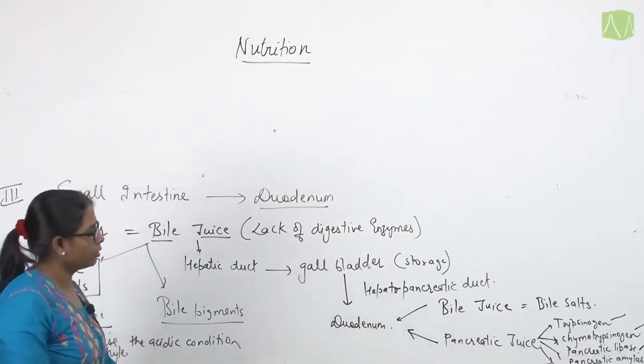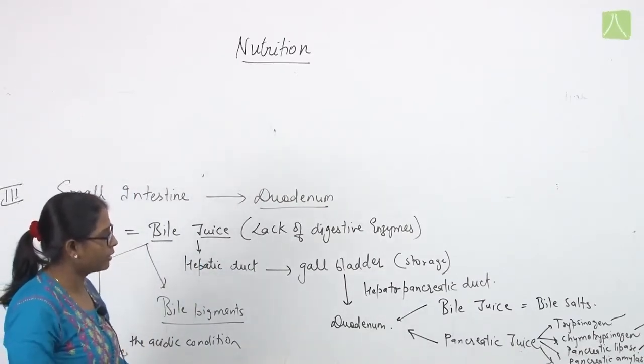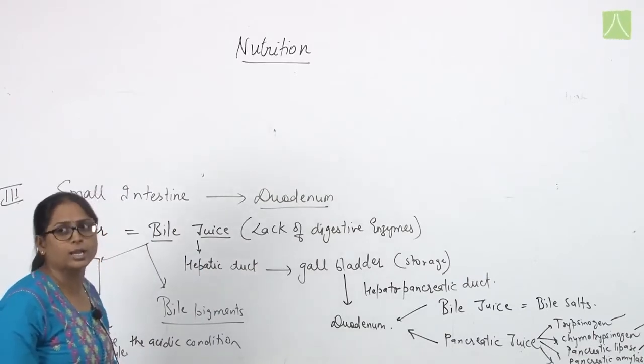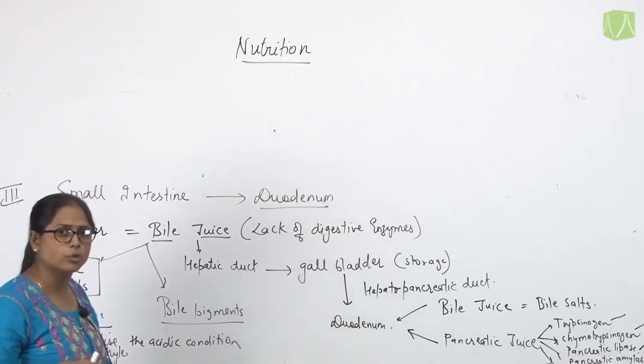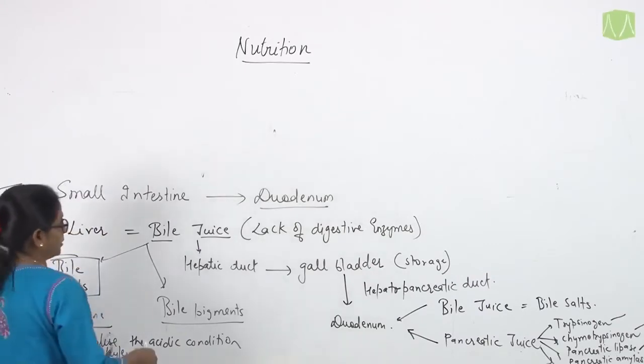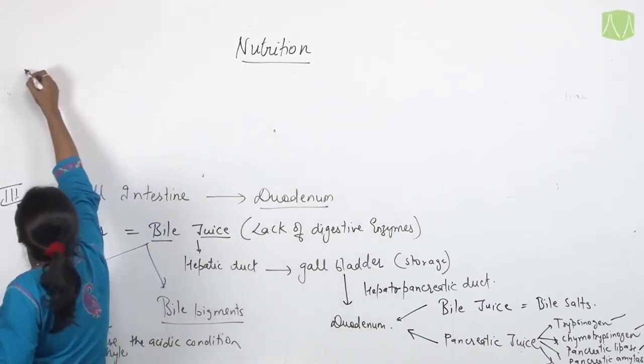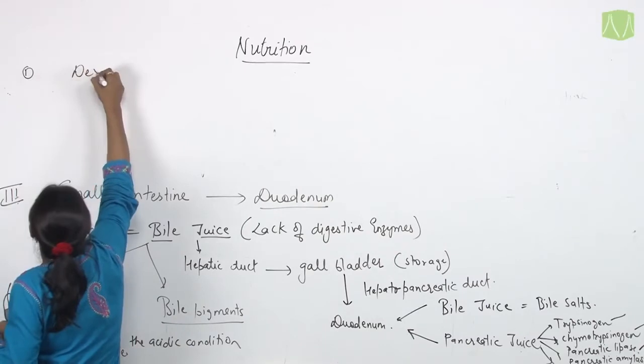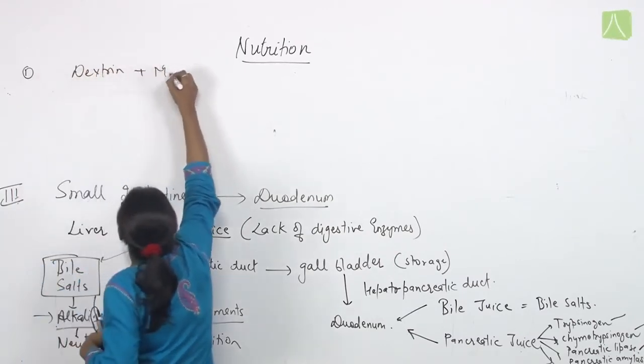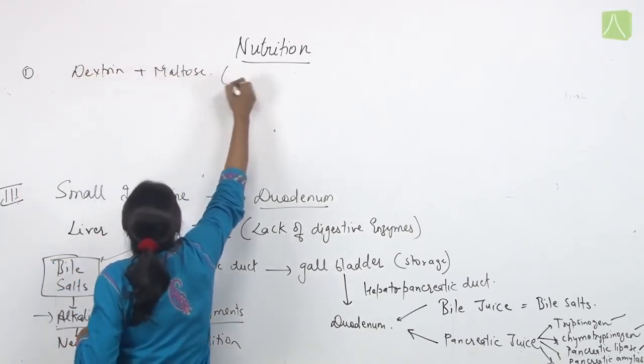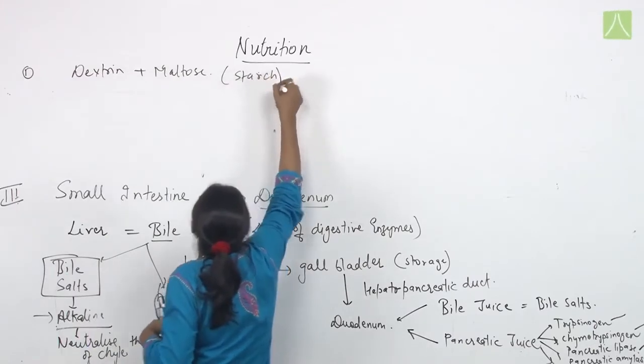Now before the digestion, like for example we have discussed the starch. After digestion of starch in the mouth we got dextrin and maltose from starch digestion.